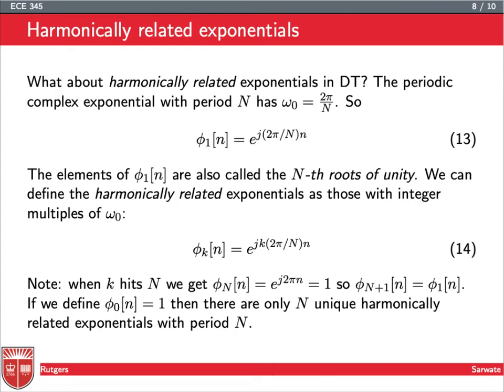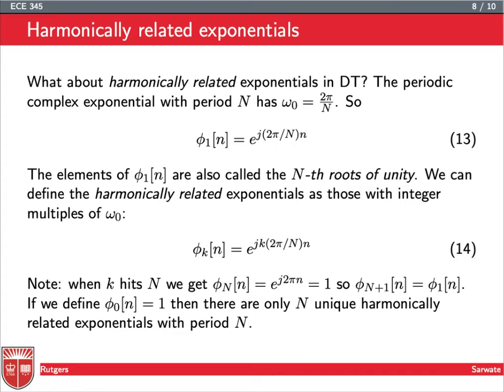So we had this notion of harmonically related exponentials in continuous time. These were complex exponentials whose frequencies were integer multiples of our base frequency omega naught. So we can do the same thing in discrete time. We let our omega naught be, say, 2 pi over capital N. That's a complex exponential with period capital N. And then you take integer multiples of that.